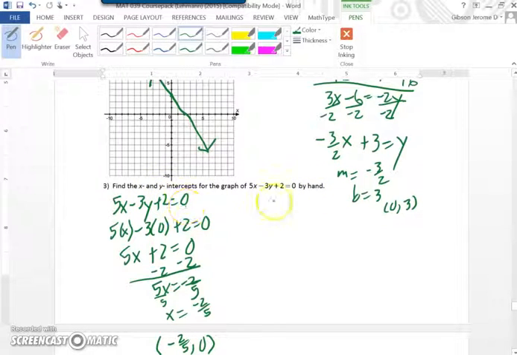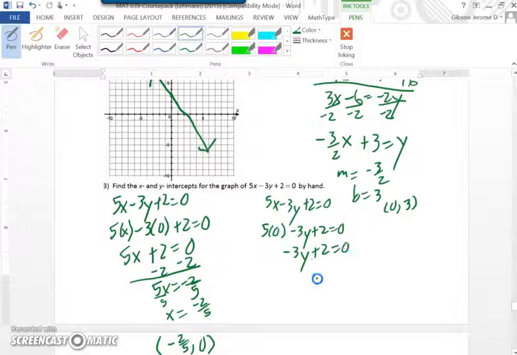Now we go here to the y-intercept. We take the same equation, but this time with the y-intercept, all x's must be 0. So we would take 5x minus 3y plus 2 equals 0, and we would substitute in 0 for x. So then we would end up with negative 3y plus 2 equals 0.